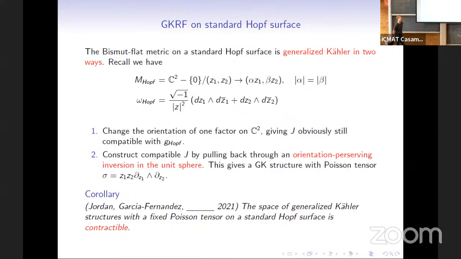Is it known which are these Poisson tensors? Yes, this is the only one, up to automorphism and scale. Up to automorphism of the complex manifold. This one and 0. Okay. So this means that you are describing the full space of generalized Kähler structures for the given complex structure. Yes, exactly.